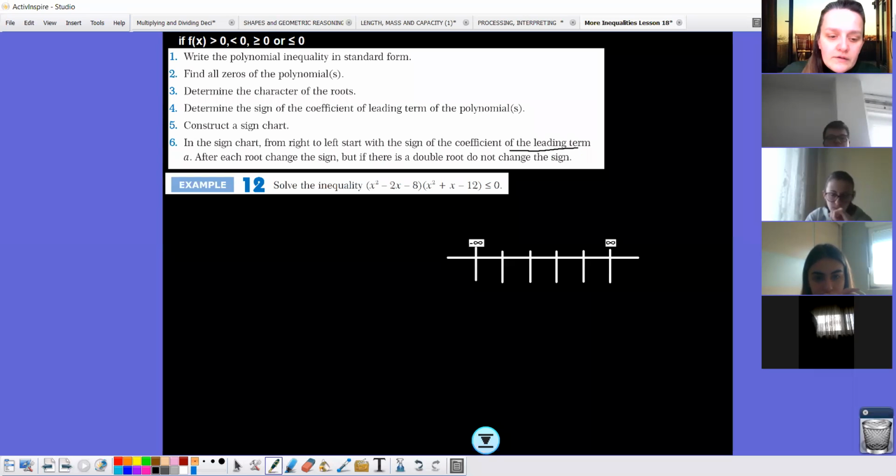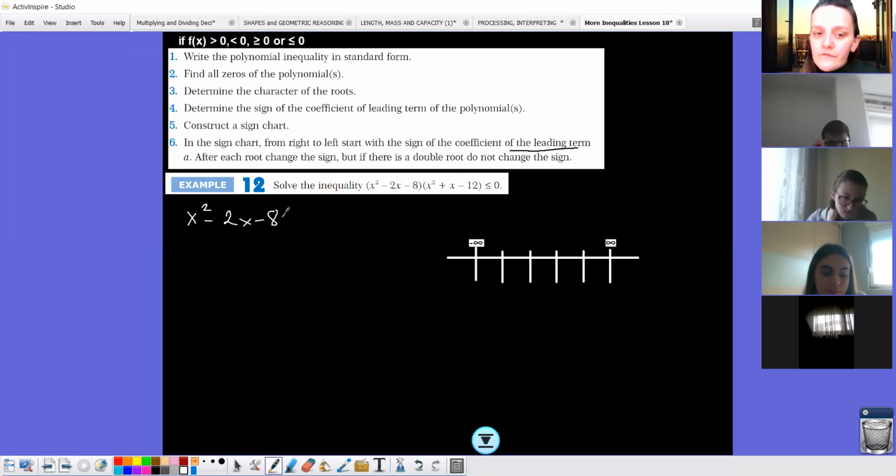Firstly, here in our example, we have two expressions. We need to find the zeros, the roots or the critical points of them. So what I will do, I will equalize them to 0. This one and this one, okay?